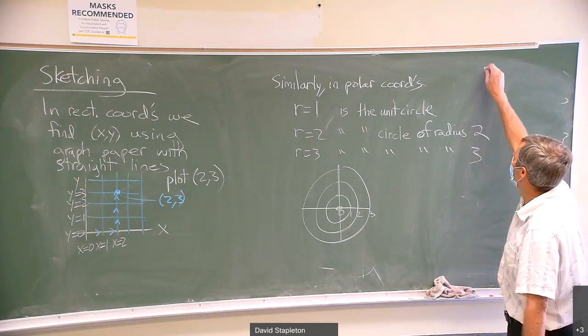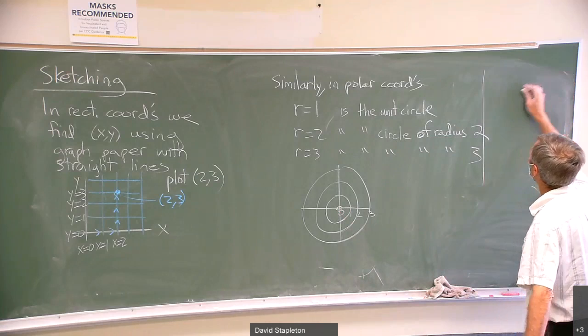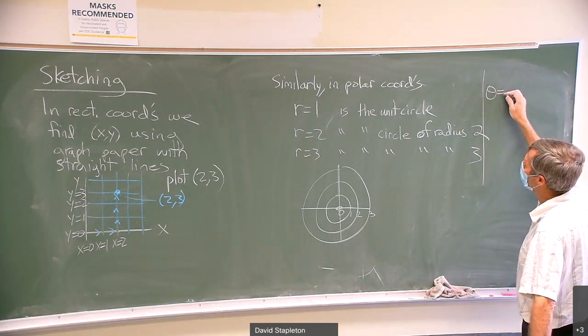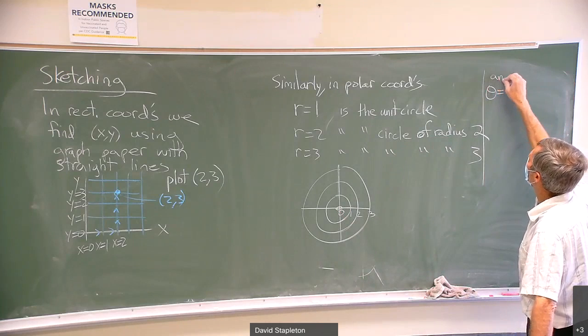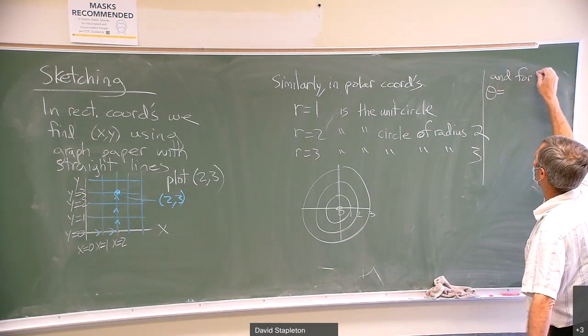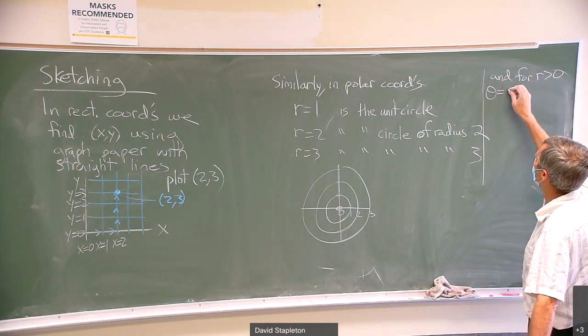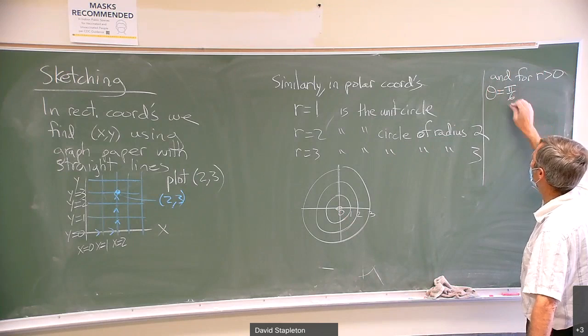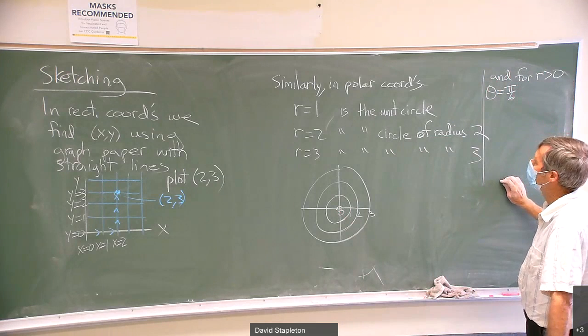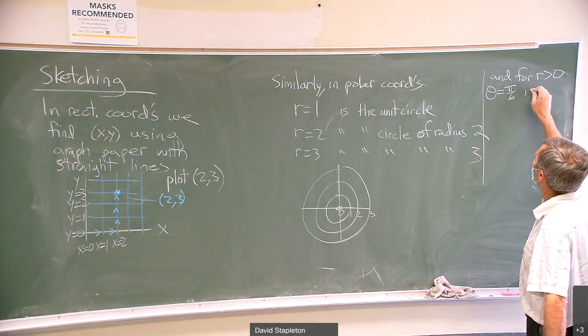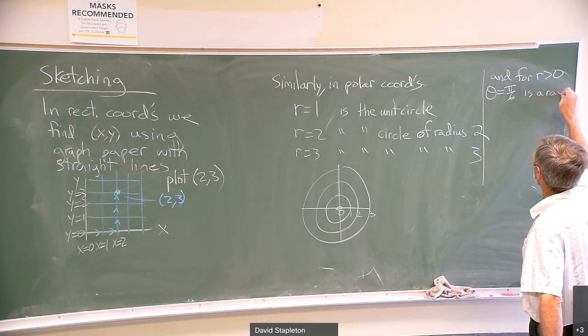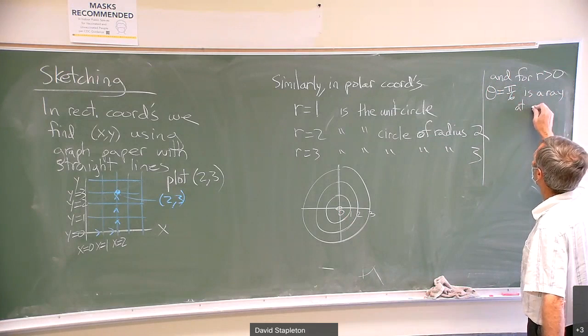Now what about theta? We'll do this for r greater than 0 only. For r greater than 0, what if I put theta equals pi over 6? What is that? This is a ray at angle pi over 6, counterclockwise from the x-axis.